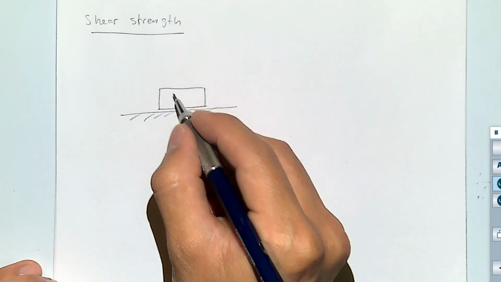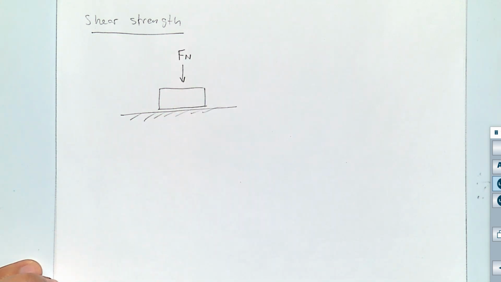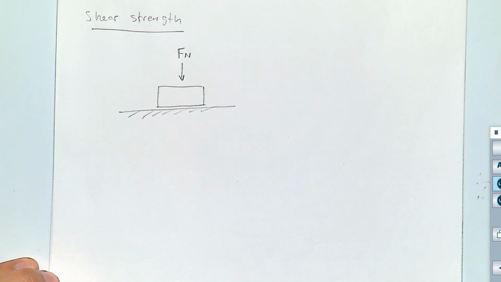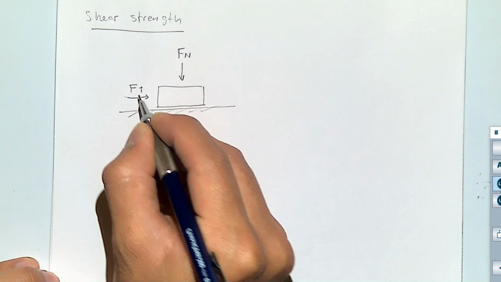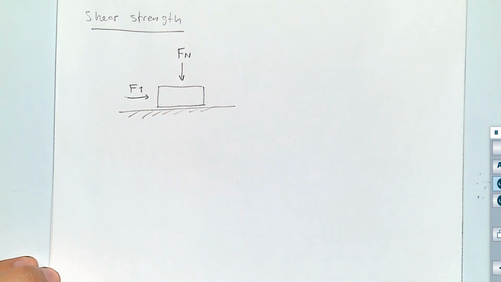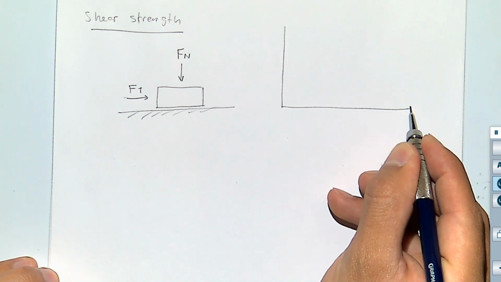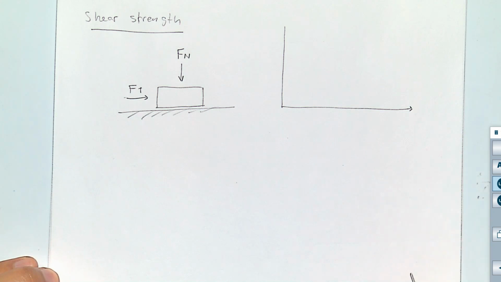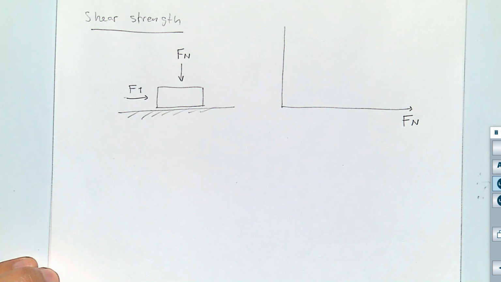If you have a solid and you apply a normal force on top, what is going to be the force in the perpendicular direction required to move that object? You guys know this. That's going to be the friction coefficient multiplied by the normal force.